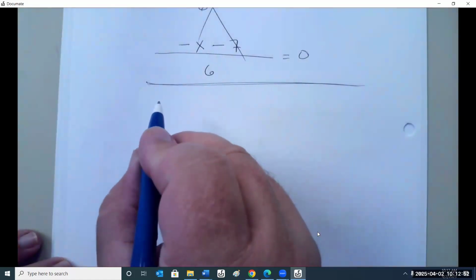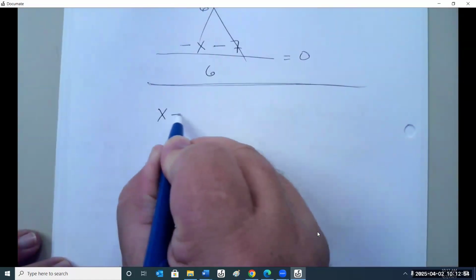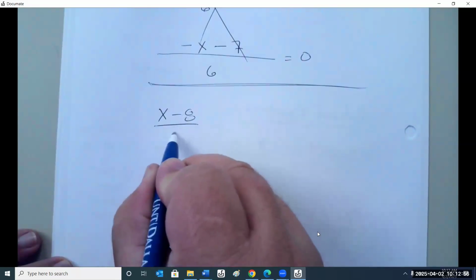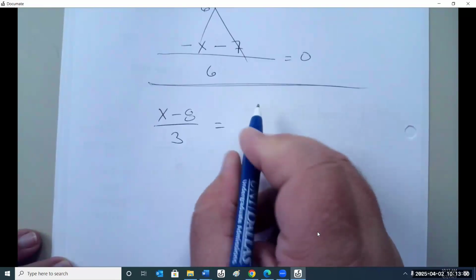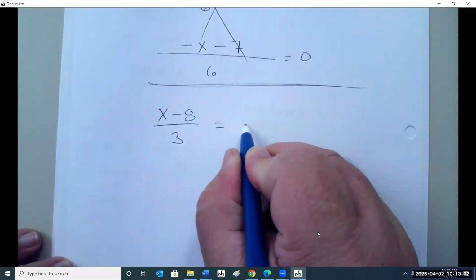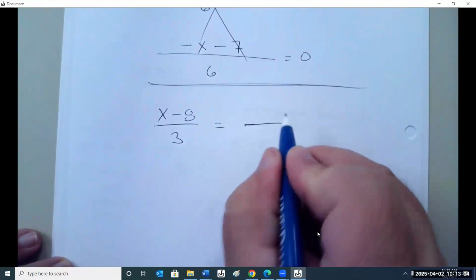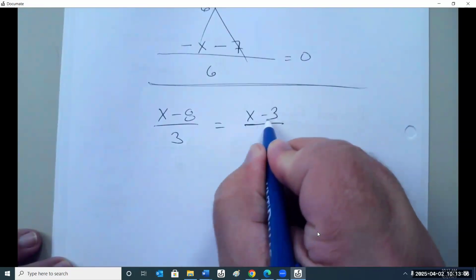So our equation was x minus 8 over 3 equals, let's say, x minus 3 over 2.